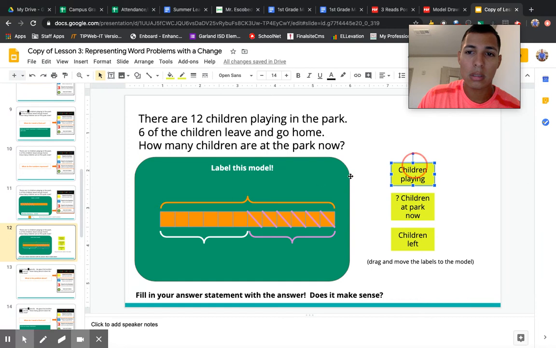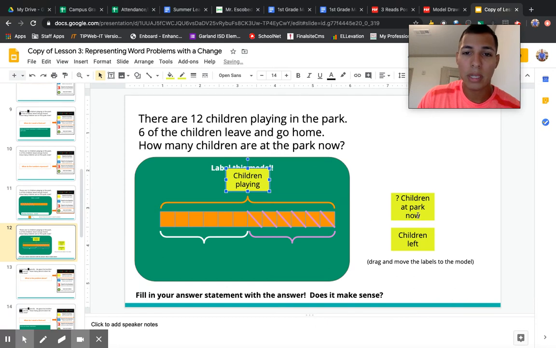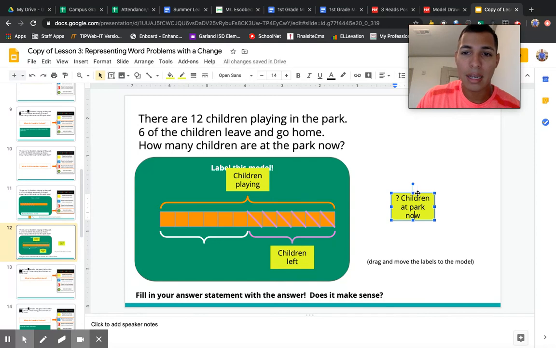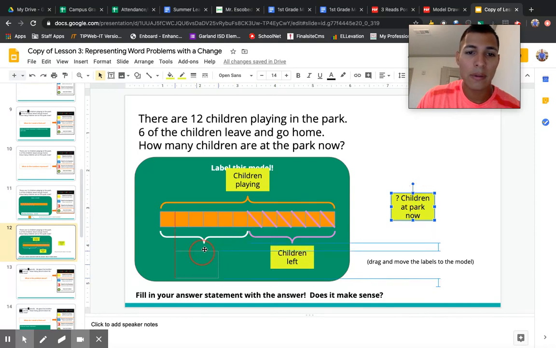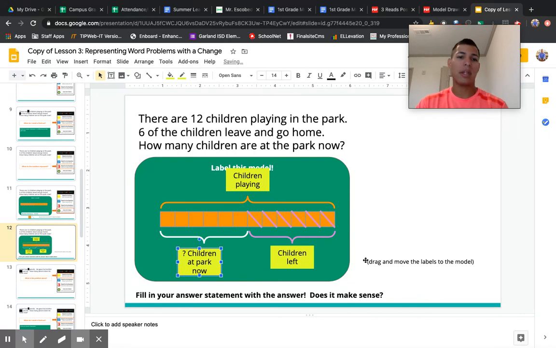We had 12 children playing. We had 6 children left. And how many do we have now? 6, right? We had 12 children to start playing in the park. 6 of them left. And then we only have 6 remaining.